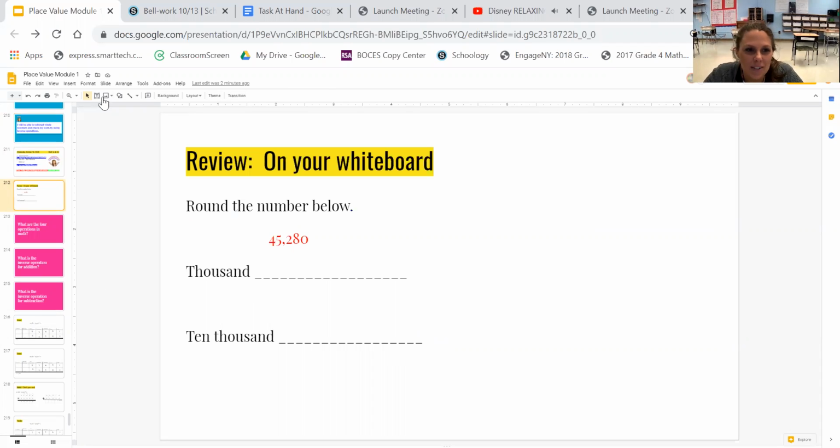All right, so if you rounded this number, what you did was you underlined the place value that we're working with. So first we're working with the thousands place. Then you looked to the right and you said the riddle. 0 to 4, stay on the floor. 5 to 9, climb the vine.